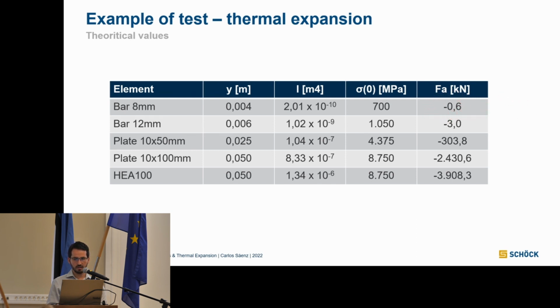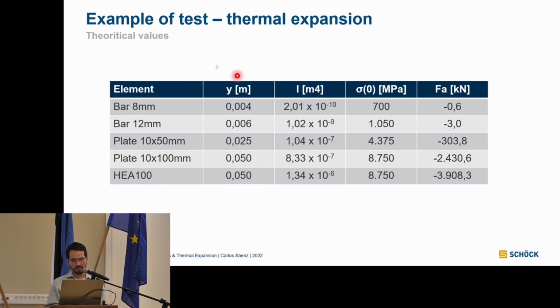But if we take the 12 millimeters, you see the force goes up. This is because the force acting on our surrounding concrete is what is important to take into consideration. The smaller the element, the smaller the force. So this is why it's important to have smaller section elements in our thermal system.